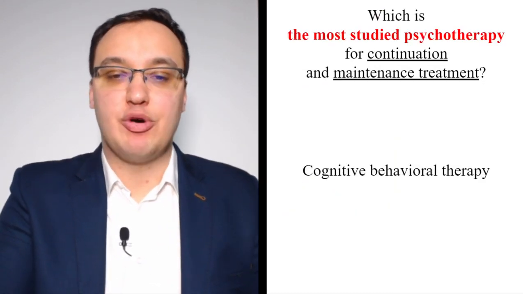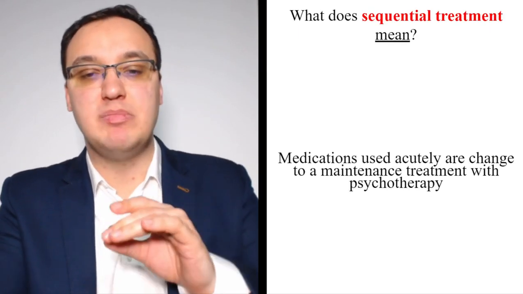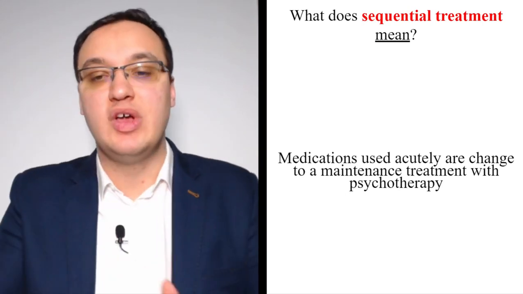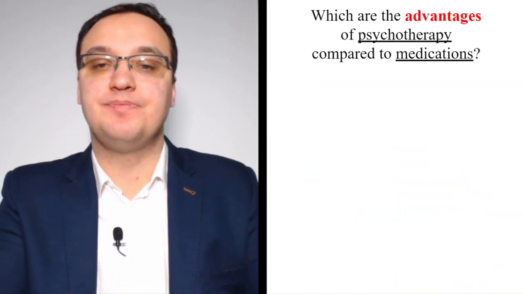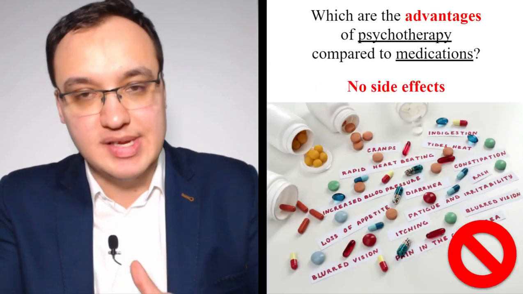Which is the most studied psychotherapy? It's cognitive behavioral psychotherapy. Sequential treatment means that we have medications first that were used accurately, and we change that to psychotherapy. Which are the advantages of psychotherapy compared to medications? There are no side effects.